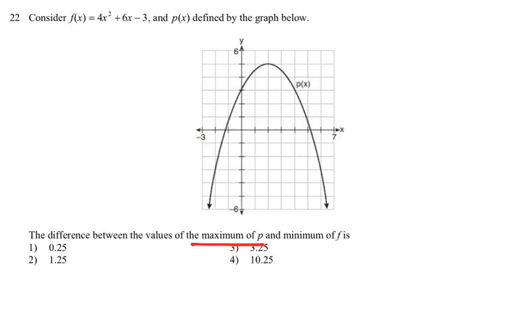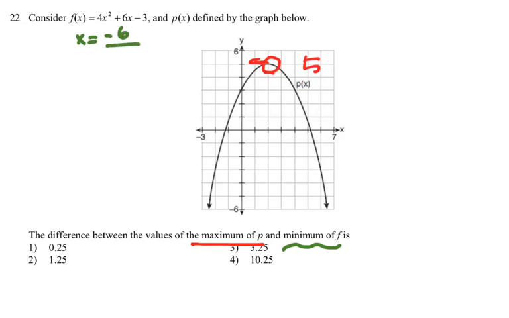Alright, they are looking for the maximum value of P and the minimum value of F. Notice the maximum and minimum of the parabola happen at the vertices. For the maximum value of P, you can actually see that over here, and the y value of that becomes 5. So the maximum value for P is 5. For the minimum value of F, once again I have to find the vertex, the turning point.